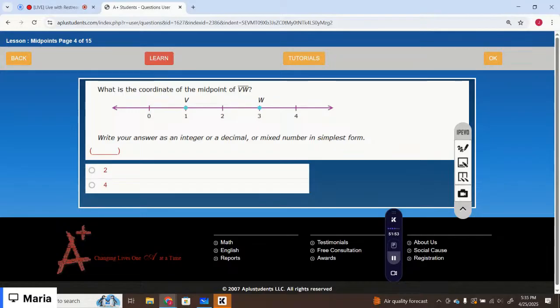What is the coordinate of midpoint VW? The midpoint of VW is 2. Option number 1 is the correct option.